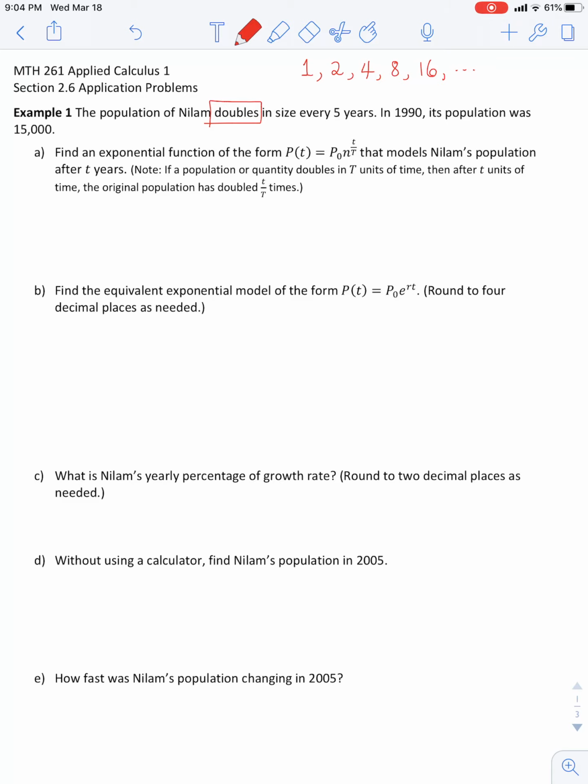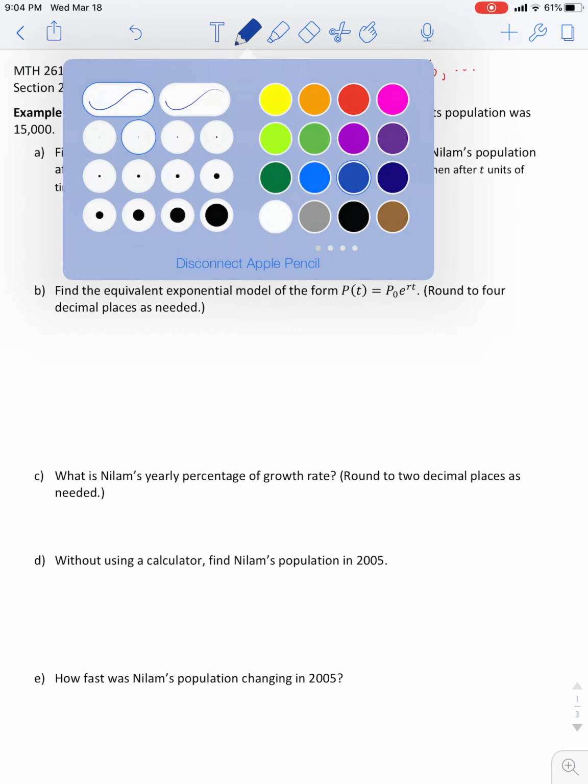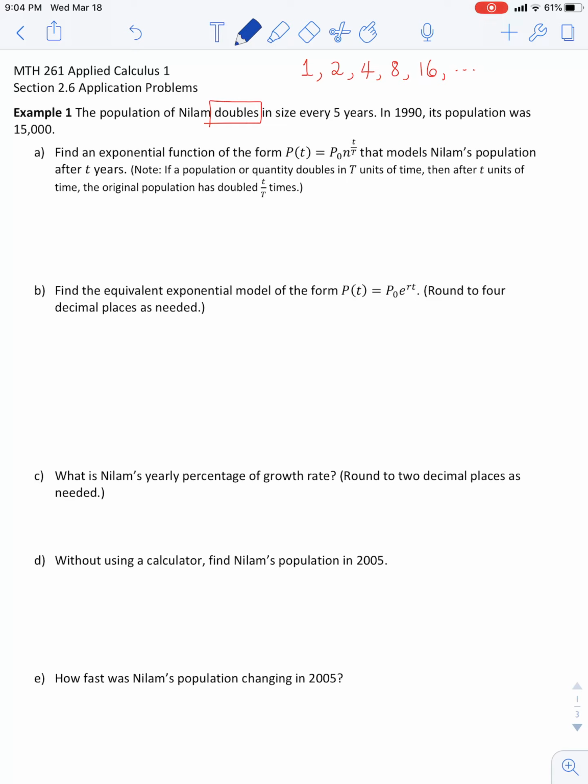But if you are trying to write this in exponential form, well, 1 is 2 to the 0 power, 2 is 2 to the first power, 4 is 2 squared, 8 is 2 cubed, and 2 to the 4th, and so on.